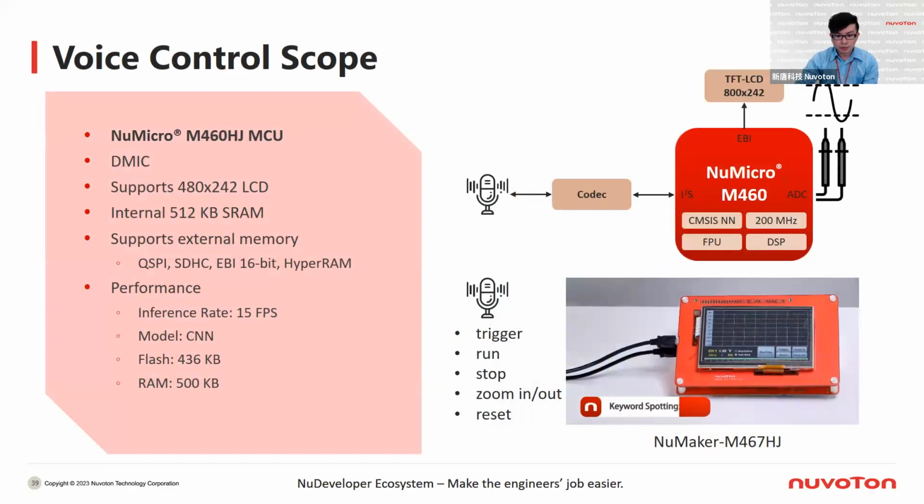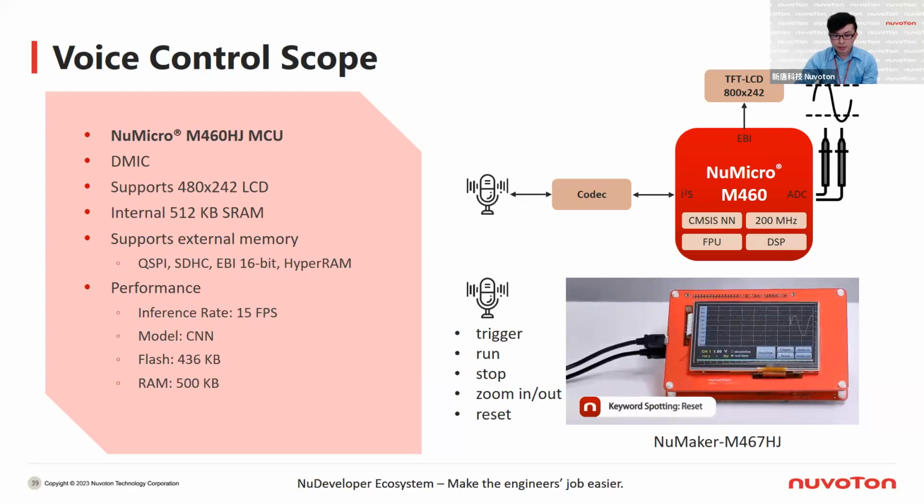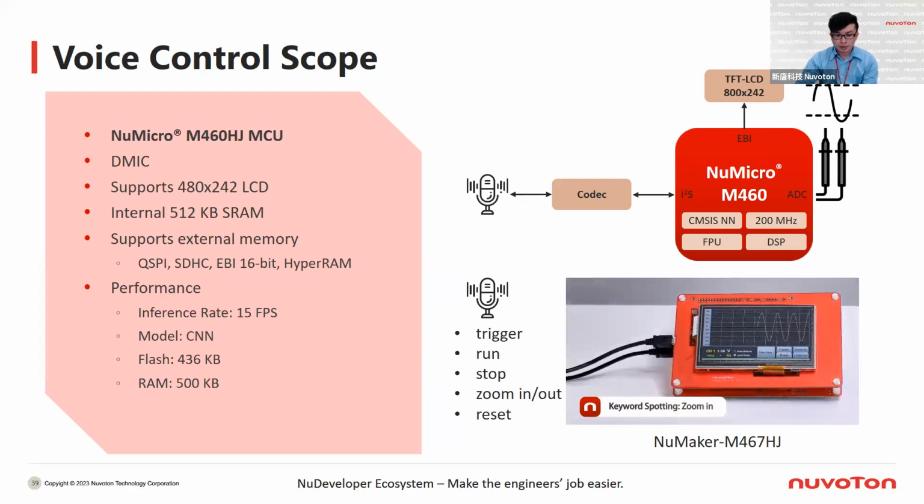In this slide, we have a voice control scope example created using the M460 MCU. As demonstrated in the video on the right, by saying commands like trigger, run, stop, zoom in, zoom out, and reset, you can see the command reflected on the scope.